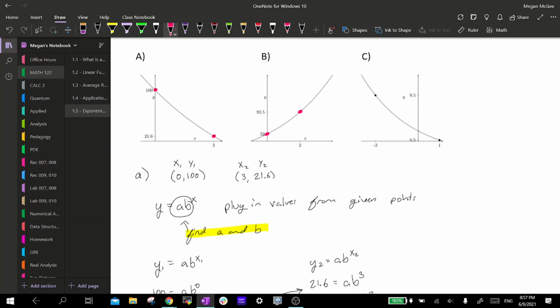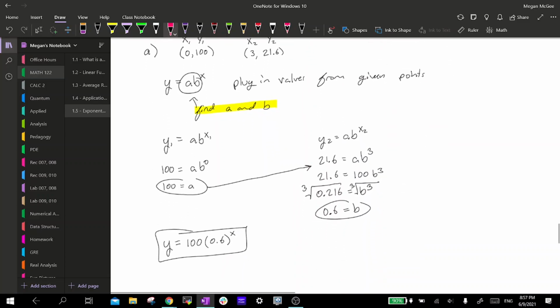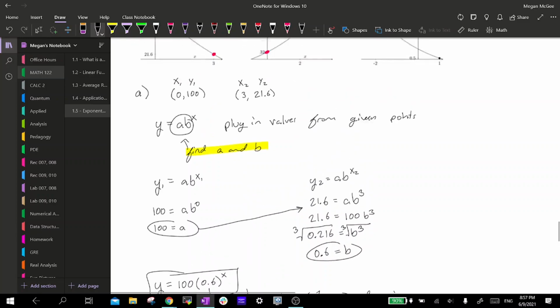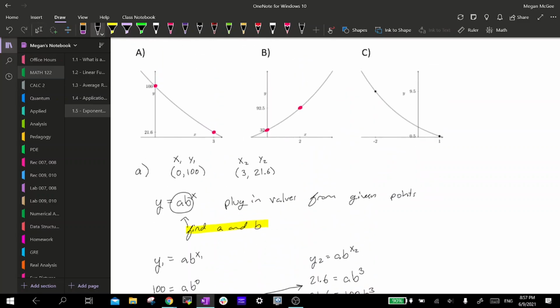Real quick, I wanted to mention this about part A. We notice that our base is less than 1, which means we have a decreasing function. If we look at our graph, we definitely are decreasing, so that checks out. Again, just making sure we didn't throw any red flags. All right, back to part B.